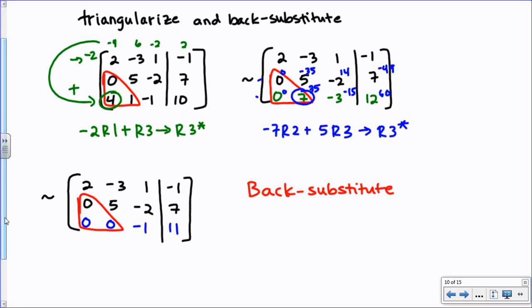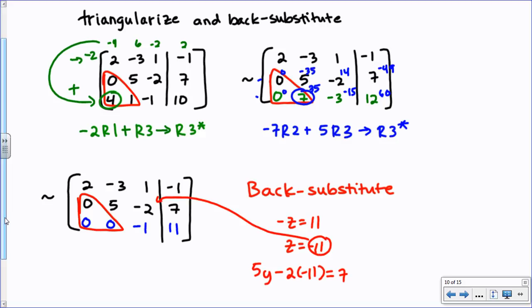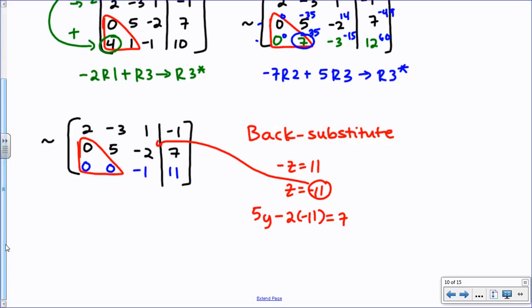Okay, so negative 1z, so negative z equals 11. So z would be negative 11. Okay, plug that into the second equation. So 5y minus 2 times negative 11 equals 7. So that should give me negative 3 for y.